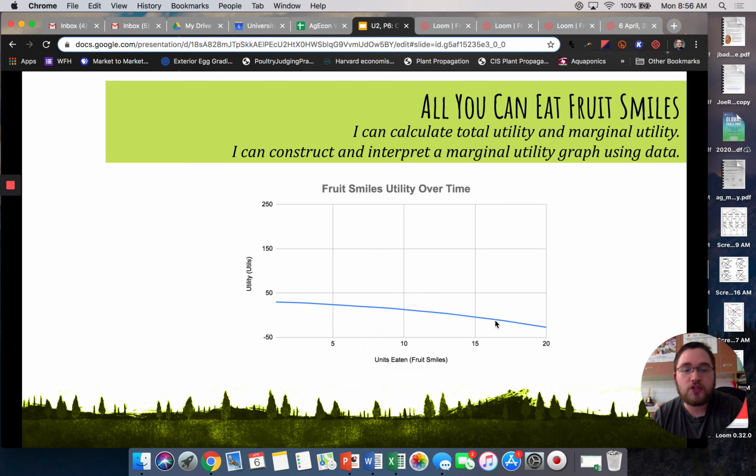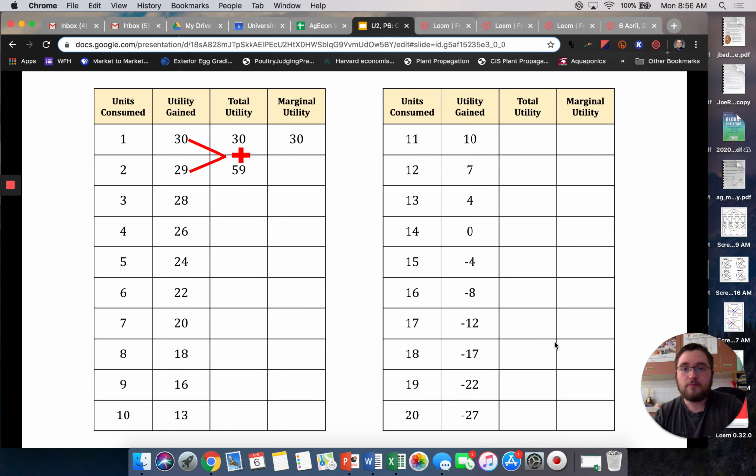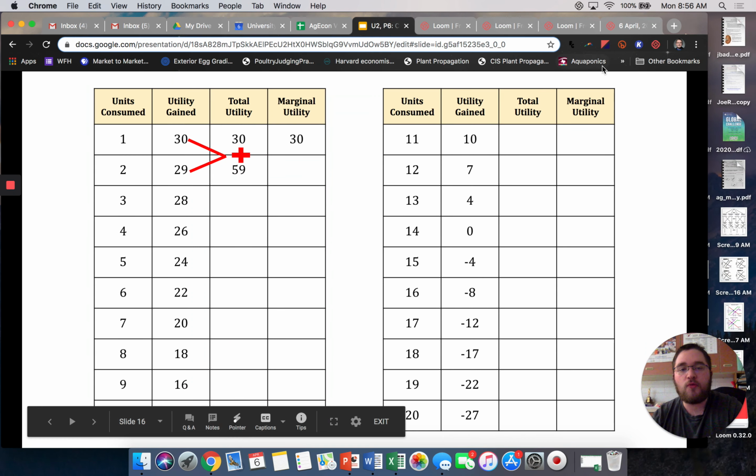So I lost utils from each subsequent fruit smile that I ate. I lost utility, I lost satisfaction, okay? Total utility, as I mentioned, is going to be your utils combined in a cumulative total. So we are going to add up total utility all the way down to the 20th fruit smile.